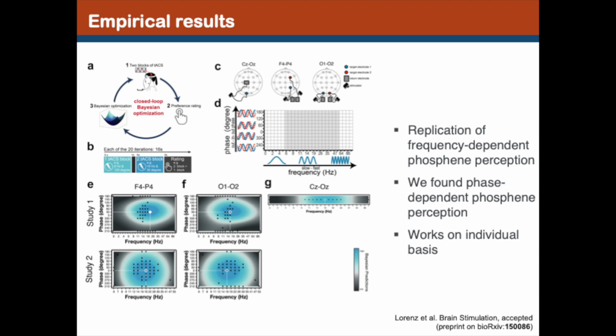As I was telling you, participants had these two blocks where the algorithm had proposed two samples to test. People would have to rate, and we were sampling this parameter space with a number of different voltages, because we wanted to investigate whether the configuration would affect phosphenes or not.